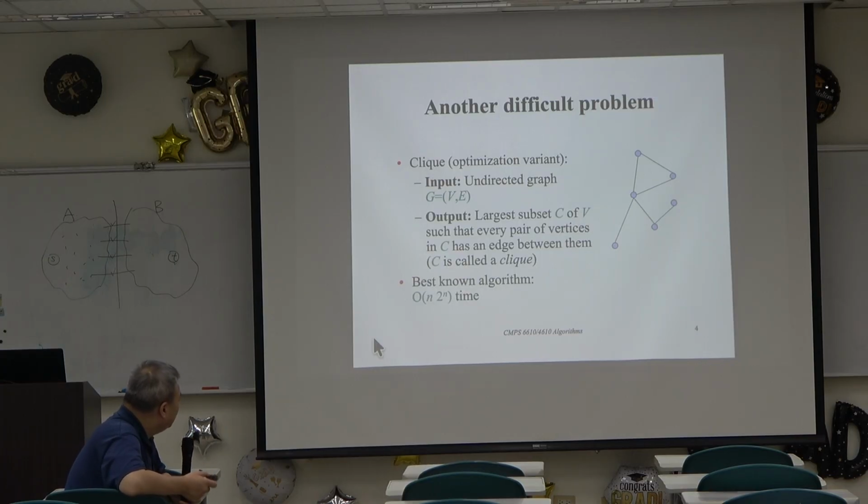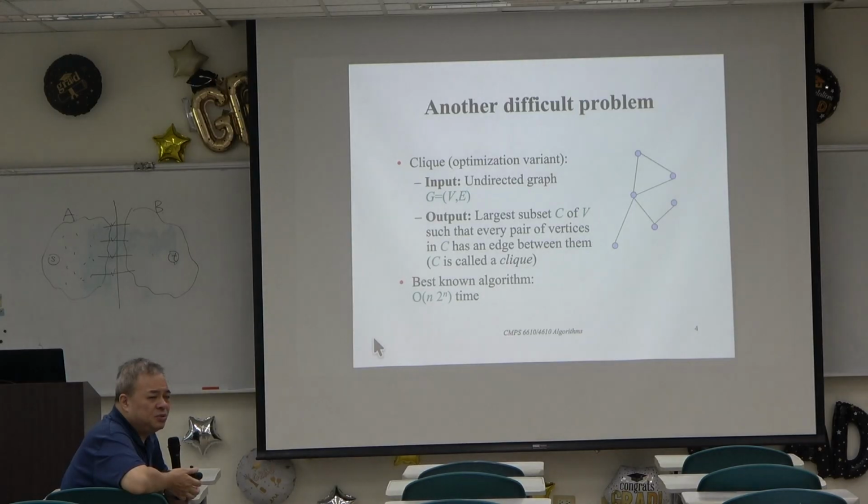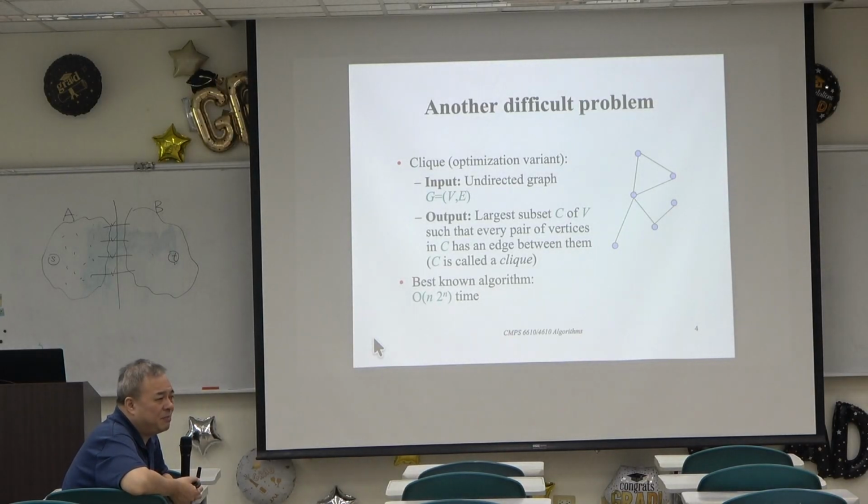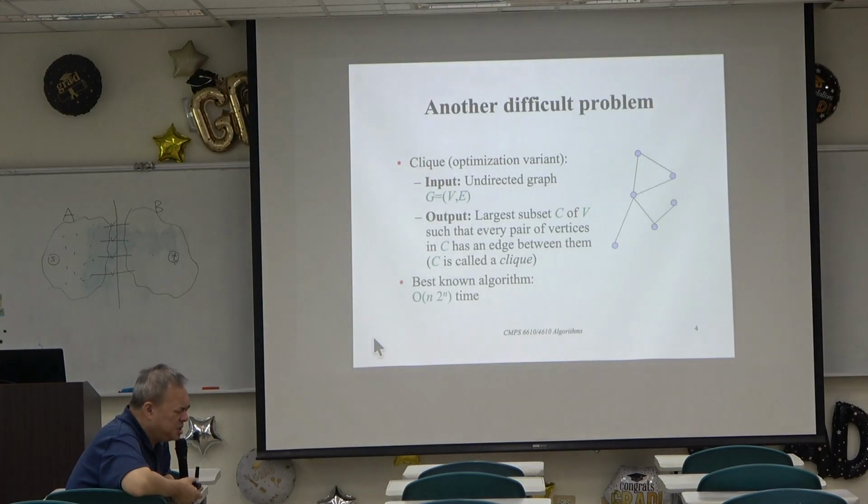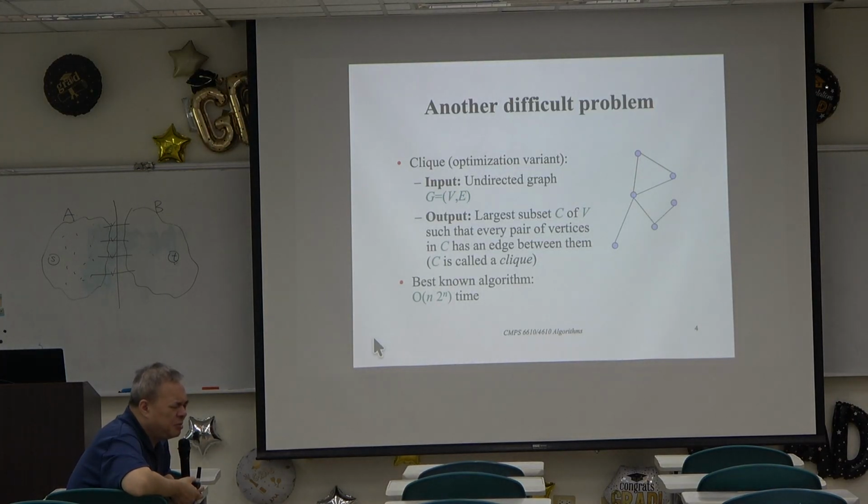We want the largest subset of nodes from all the nodes proposed, such that every pair of vertices in this subset has an edge between them. In graph theory, if every pair of vertices has an edge between them, we call such a graph a complete graph.